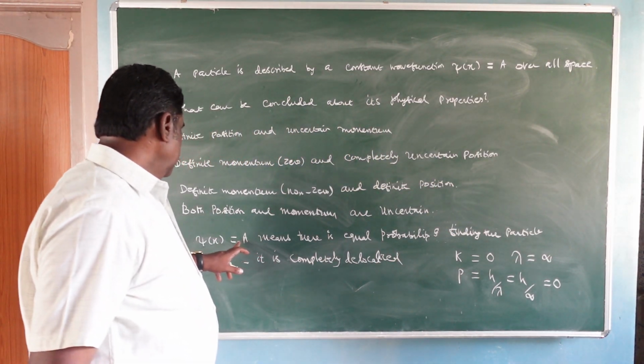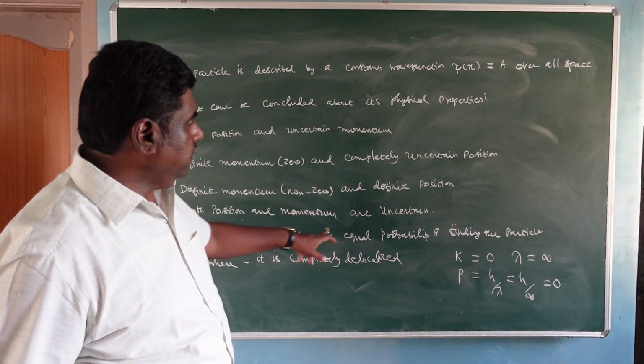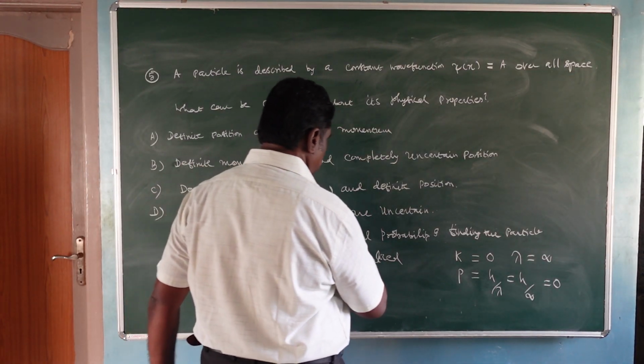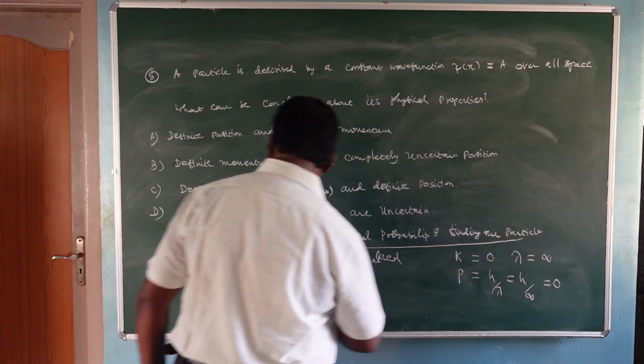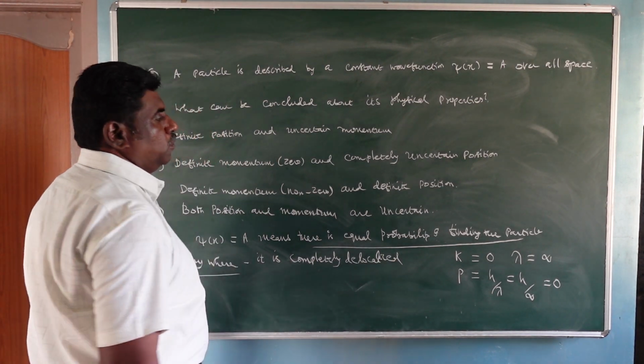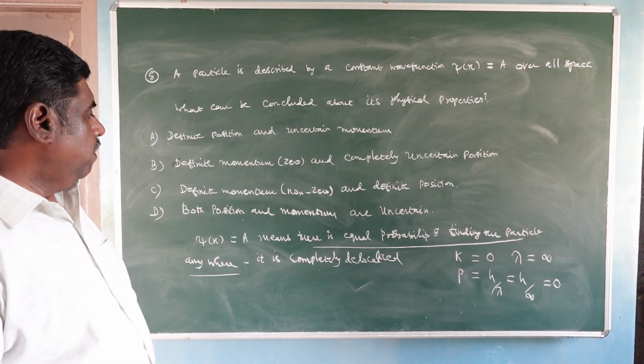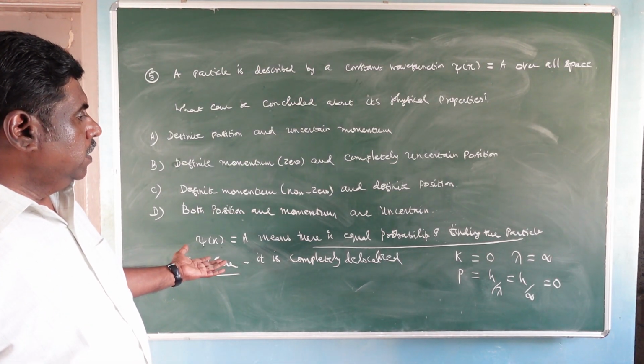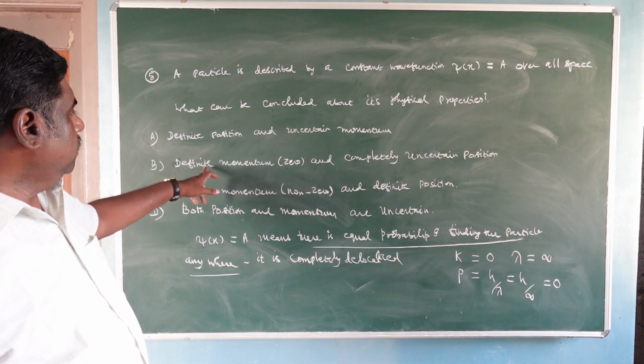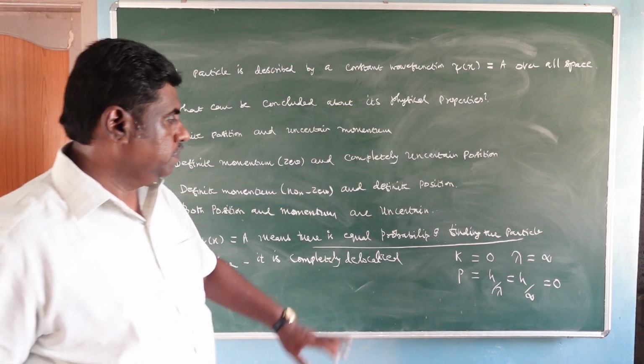See this, psi of x equal to A means there is equal probability of finding the particle anywhere. Therefore, uncertainty in position is dominating, whereas the momentum is definite, that is 0.